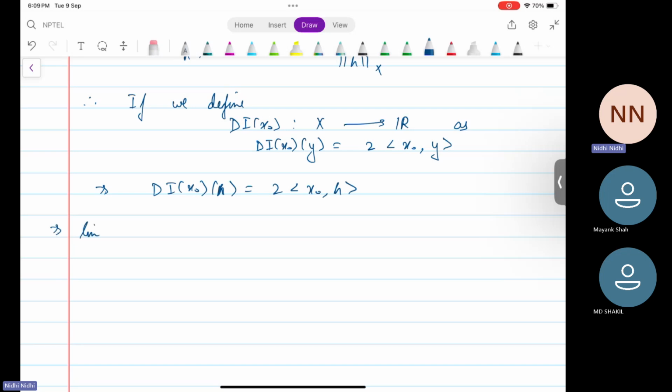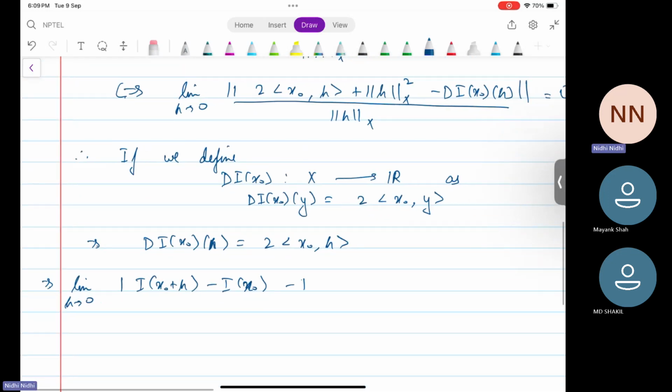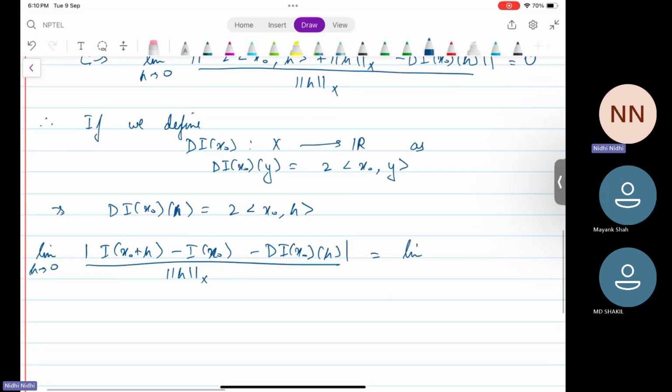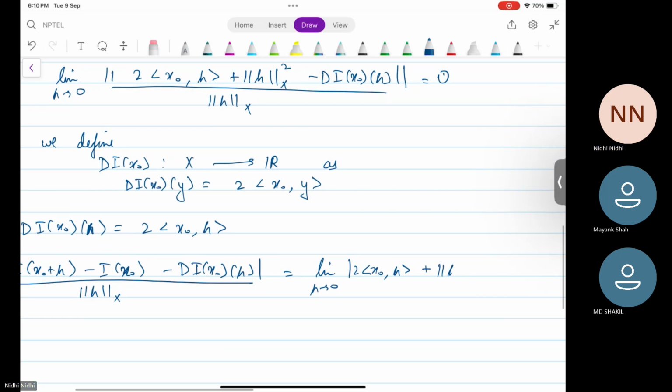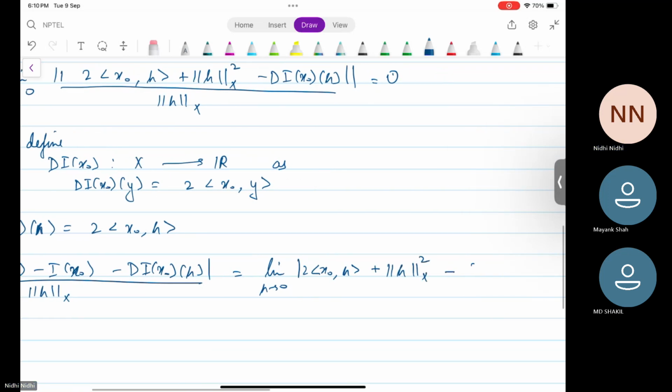This implies the limit as h tends to 0 of the modulus of I of x naught plus h minus I of x naught minus dI x naught h, upon norm h, will be equal to the limit as h tends to 0 of 2 times the inner product of x naught and h, plus norm h squared, minus 2 times the inner product of x naught and h, over norm h.